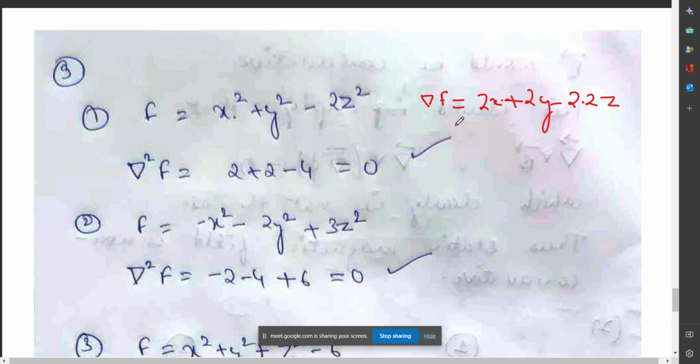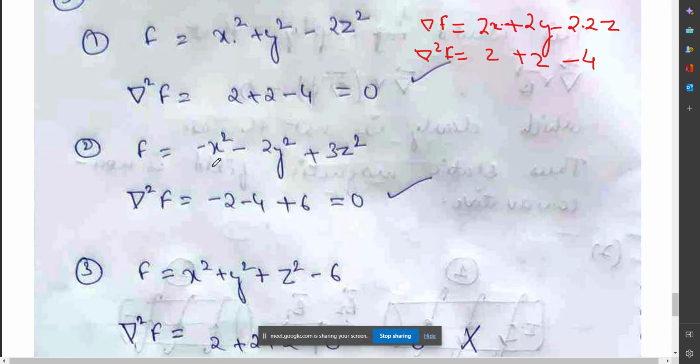Then again, if we differentiate, it will be 2 plus 2 minus 2 into 2, that is 4. Okay, double differentiation. Correct. So this will be 0.